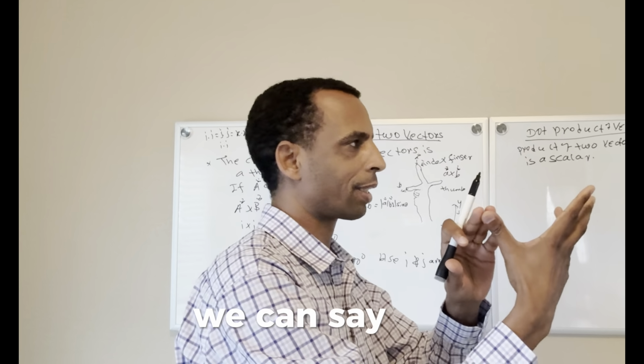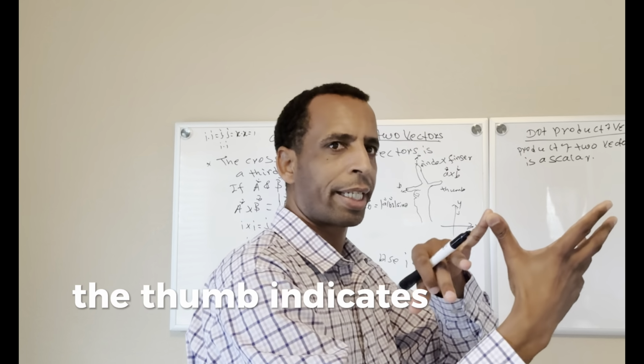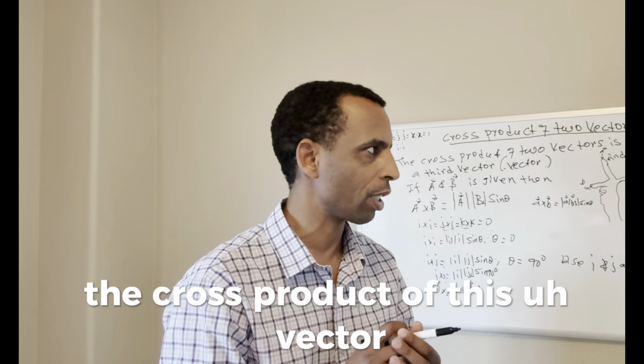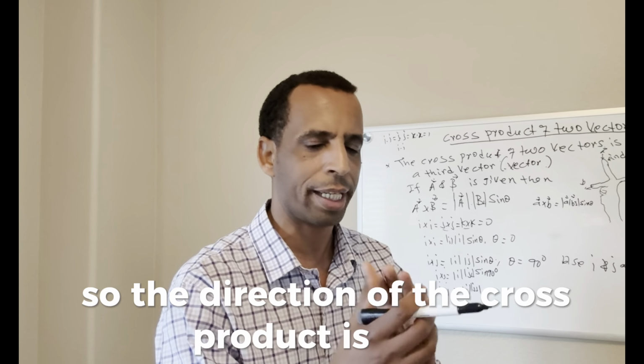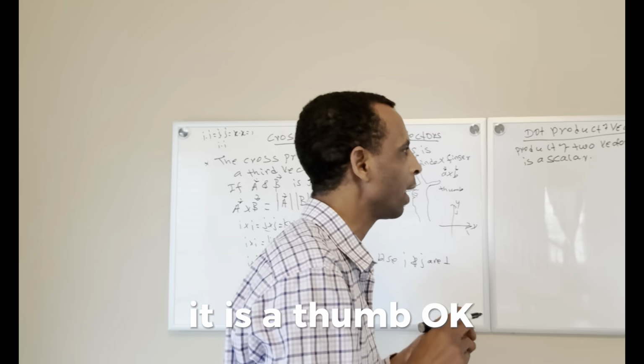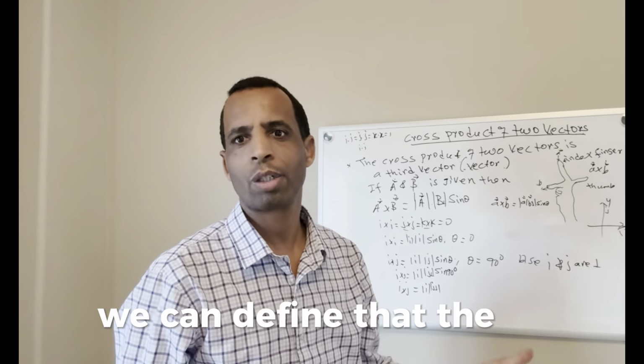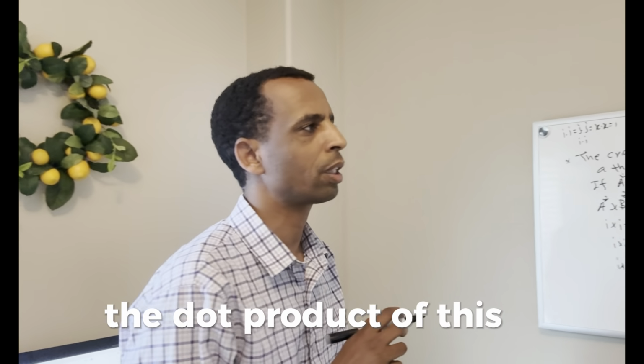So we can say that the thumb indicates the direction of the cross product of these vectors. The direction of the cross product is the thumb.